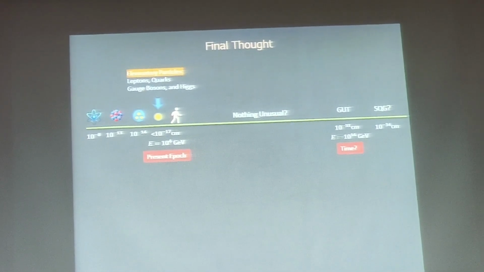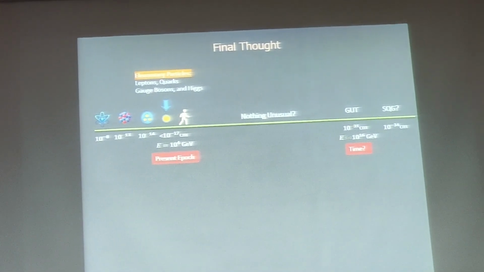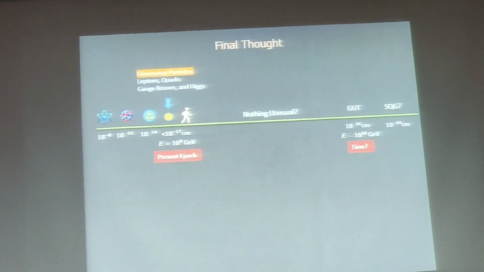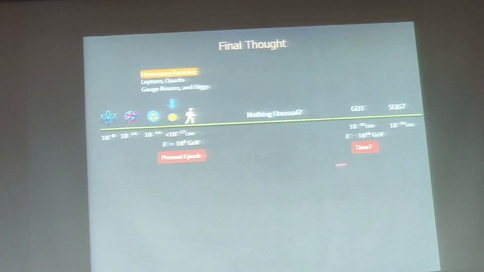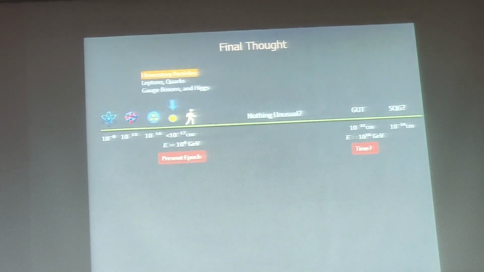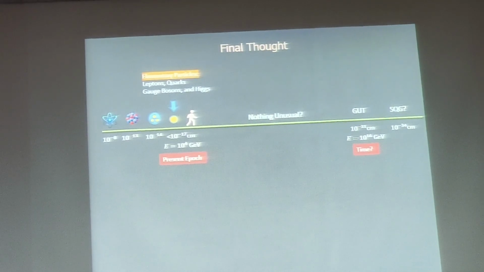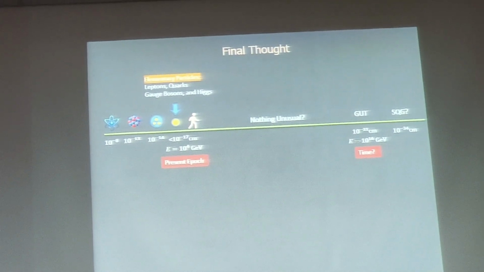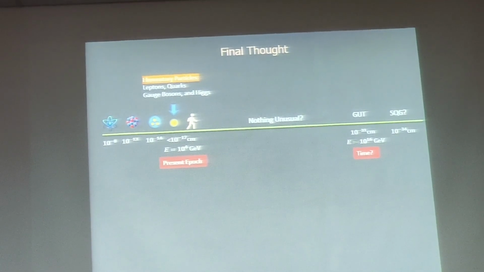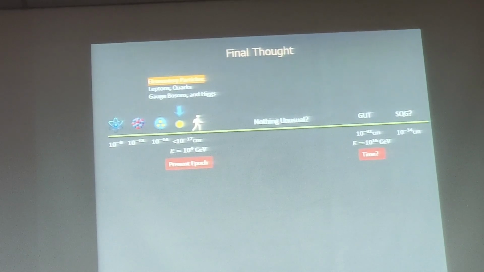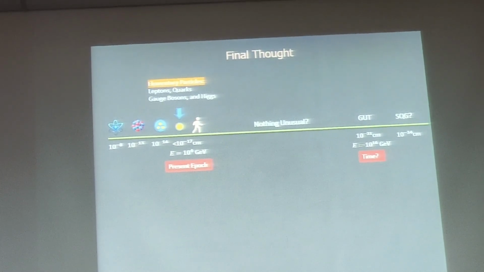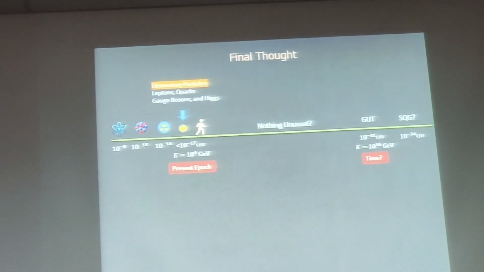But if dark matter is explained in some other way, like modified gravity, then there is a possibility, and I'm not endorsing it, I'm not saying that this is the case, that there will be no new theory unless we go to this scale. Thank you very much.